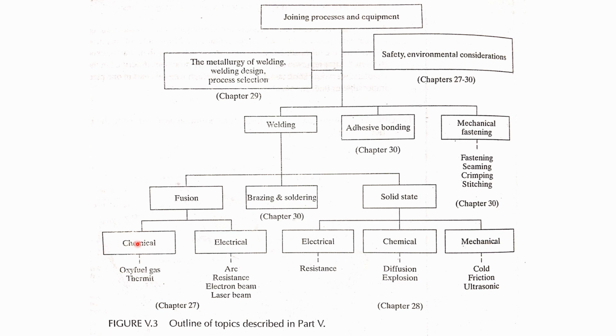In chemical welding, there are oxy-fuel gas and thermite welding. In electrical welding: arc, resistance, electron beam, and laser beam. In solid state welding, resistance welding comes under electrical, then diffusion and explosion in chemical, and cold, friction, and ultrasonic in mechanical. So this is the broad classification of joining processes.